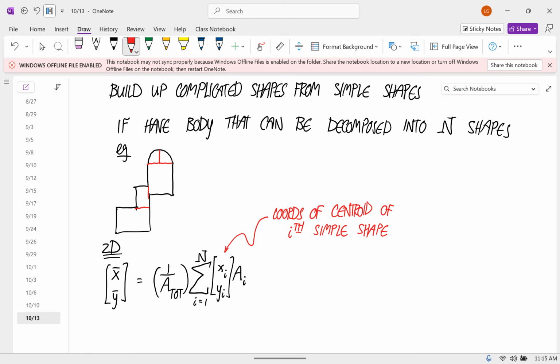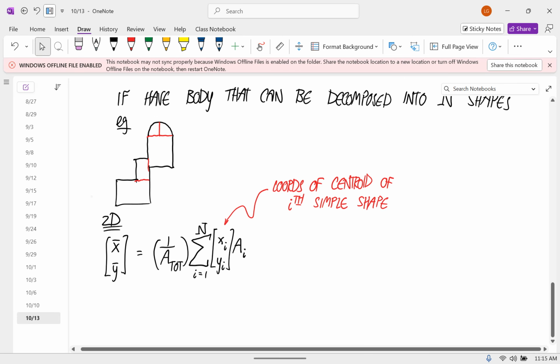So if you can remember this, you can remember the integral definition and vice versa. The integral definition said 1 over the total area times the integral of x, y, dA. That's just like this formula, in the limit as n goes to infinity.